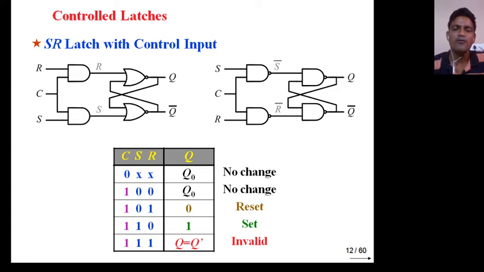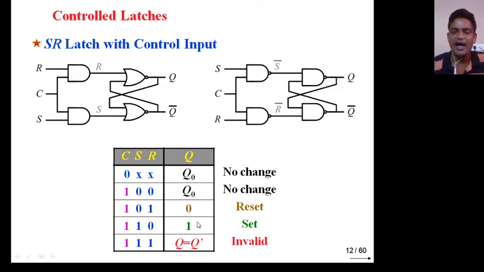But when we are using NAND based latch, we are getting invalid condition in 0 0, and we have to make one common characteristics table. So you will use S here, R here, meaning S bar, R bar. When you replace S bar and R bar, we will get the same characteristics table.